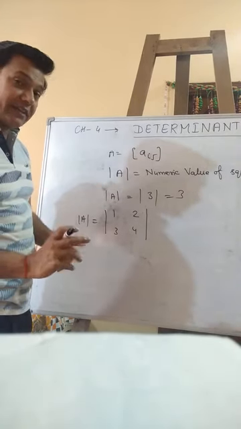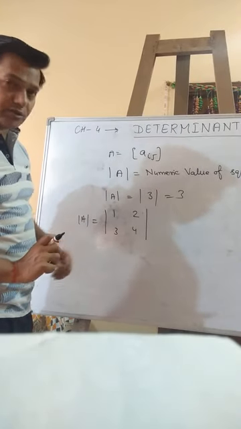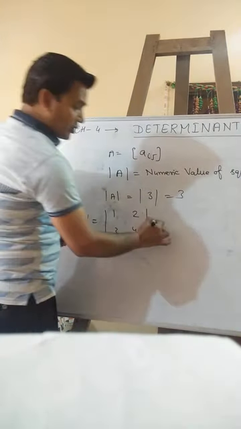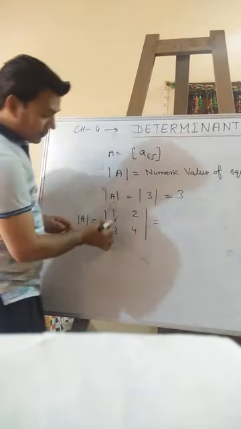How can we evaluate the numeric value of this 2 by 2 determinant? First we multiply 1 by 4, and then 2 multiplied by 3 with a negative sign. So 4 minus 6, you will get minus 2. This is the numeric value of the determinant of that 2 by 2 square matrix. So it is called order 2.